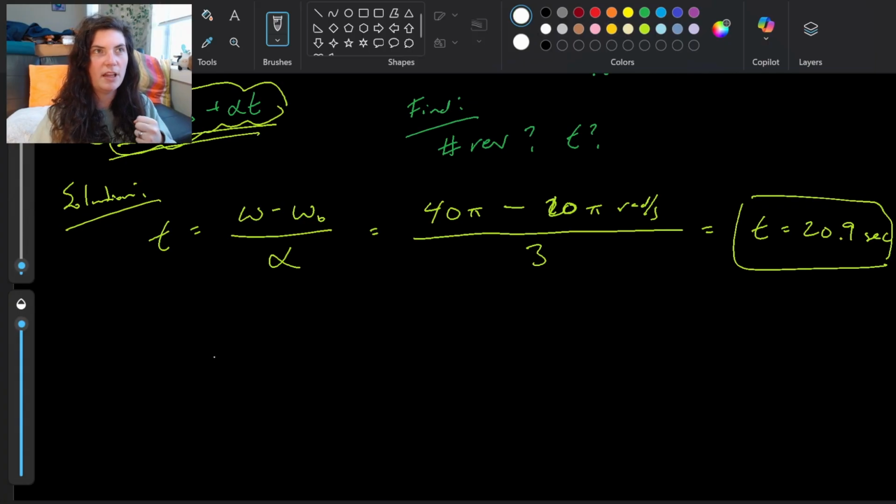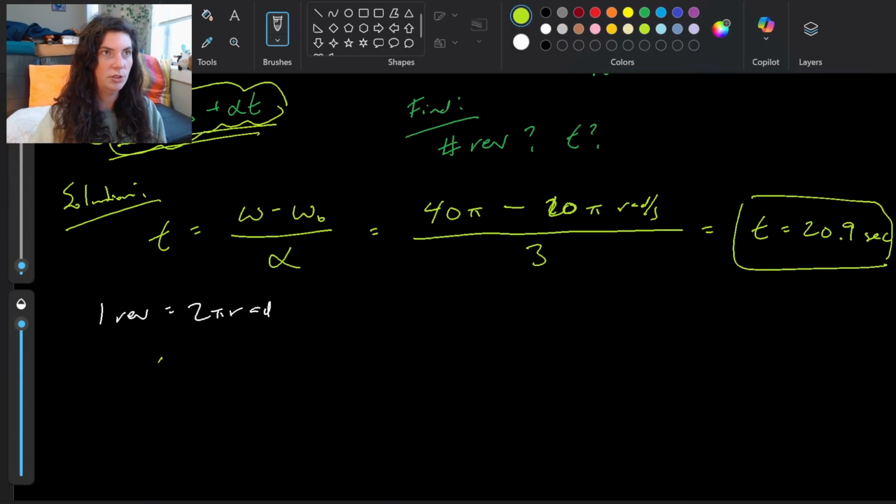Because we have that relationship of 1 revolution is 2 pi radians, what we can do is find how many radians it has gone through and then convert back to revolutions. And thankfully, in those constant angular acceleration equations, we have a relationship for that. You can use either one you want.